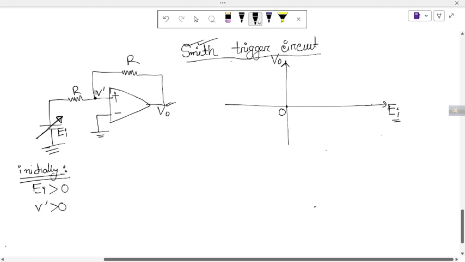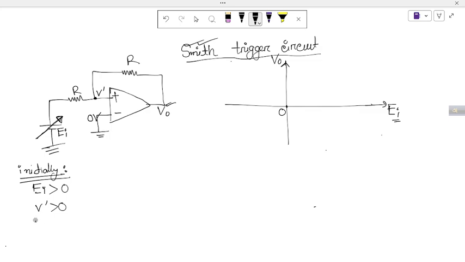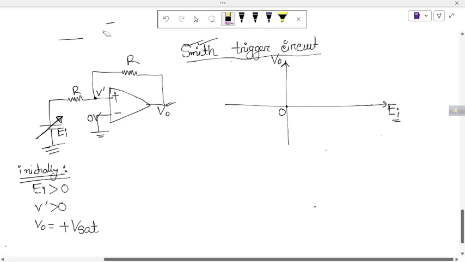And if V prime is greater than the inverting terminal voltage, that is 0 volt, then the output voltage is equal to positive Vsat. What is positive Vsat? I haven't drawn this in this circuit, but the positive supply voltage is the voltage that is used to bias or power this op amp. So this is positive Vsat. But I will not draw this in this circuit.